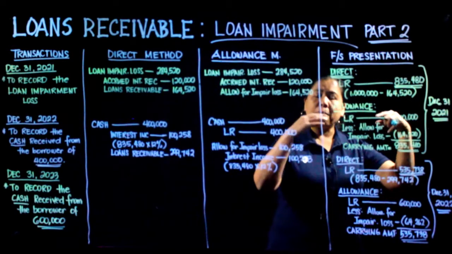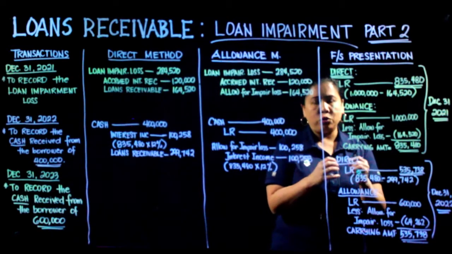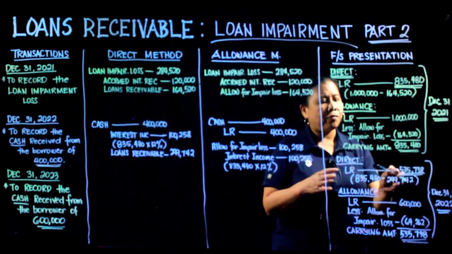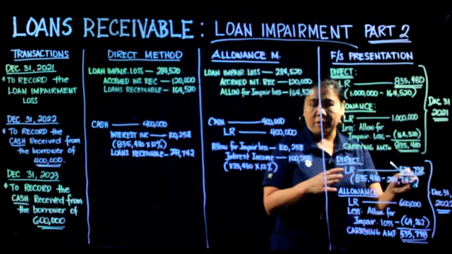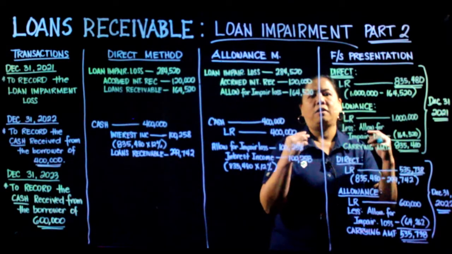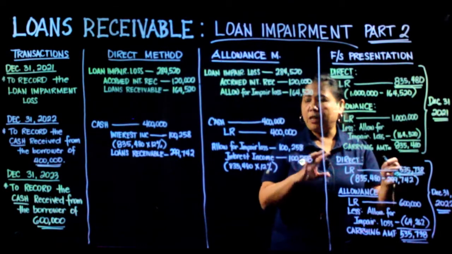So, ang bagong carrying amount ng iyong loans receivable sa year 2022 is 535,738. Yan na lang ang natitira sa account na loans receivable using the direct method.